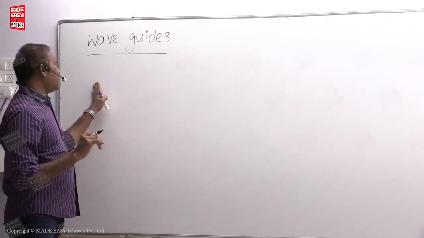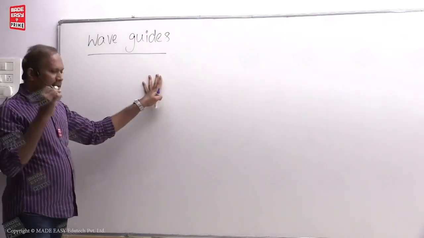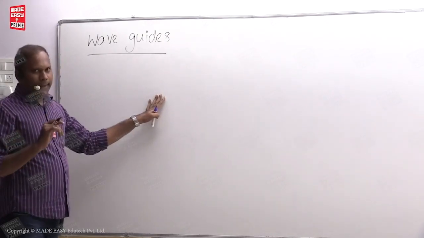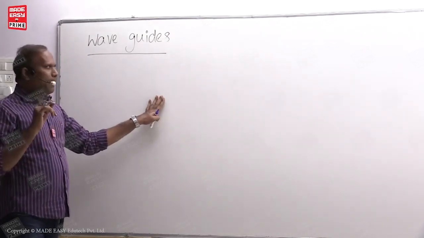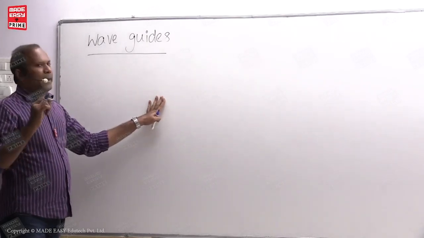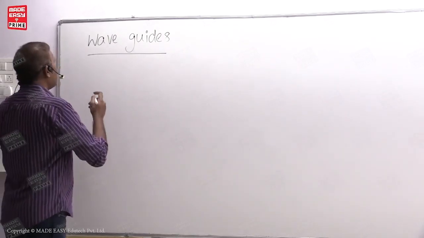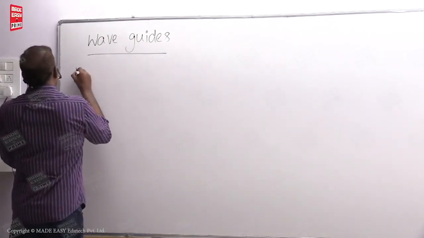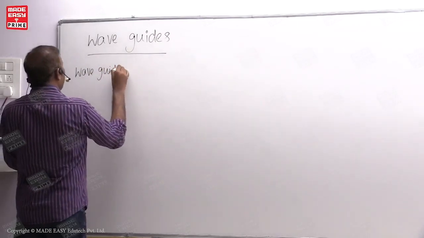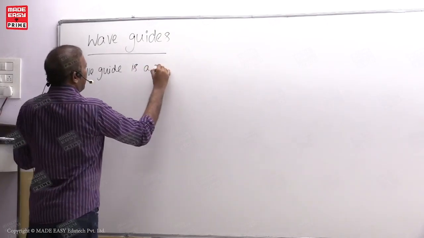Okay. So dear students, waveguides. What is a waveguide? It is a single conductor. It is in the pipe form, hollow pipe. Hollow means inside empty. So a waveguide is a metallic.